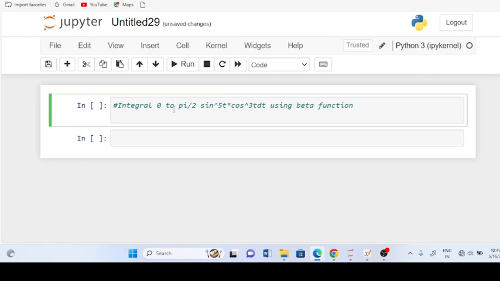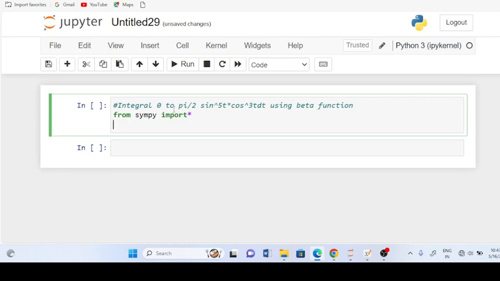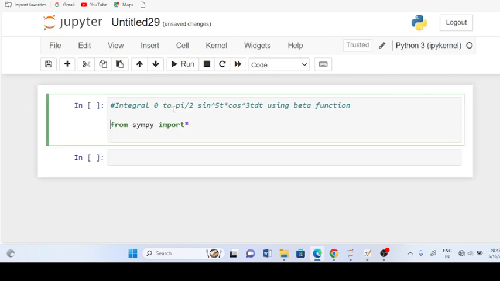So here from SymPy import, we put the star instead of calling the beta and gamma functions individually. We check whether we get the output. Here we give the input of m and n. Using the above, we can write m equal to 3 and n equal to 2.